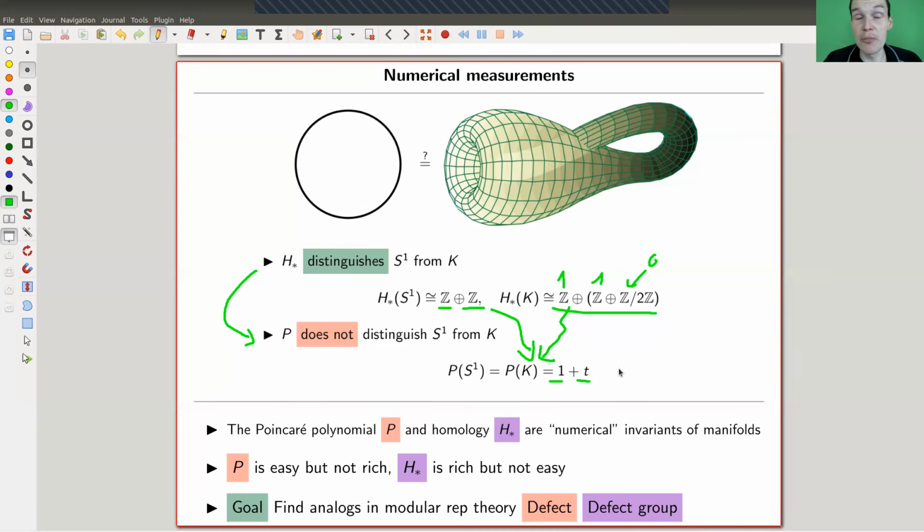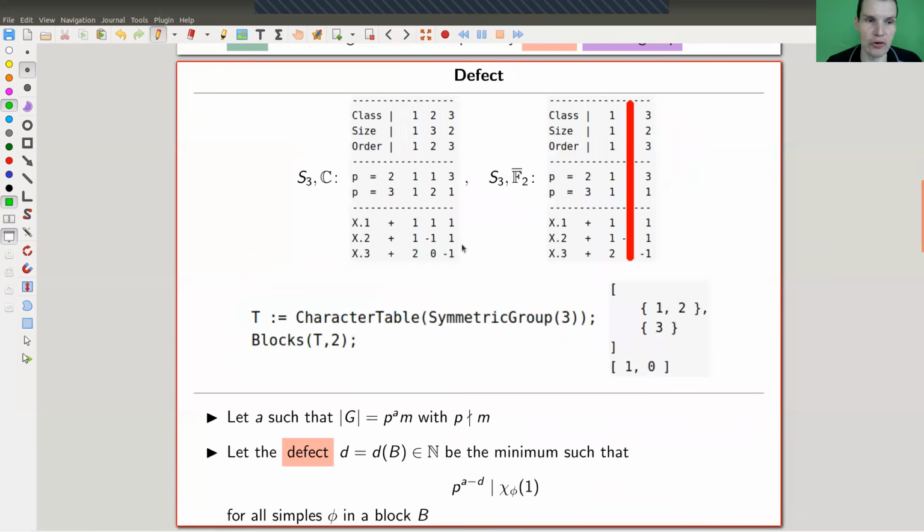On the other hand, the polynomial or the Betti numbers are much easier, and the homology falls a little bit out of the blue. The same will happen here for defect and defect group. So that's my analogy: some numerical measurement of complexity and some more sophisticated measurement of complexity, comparable to Betti numbers and homology for manifolds, just in the setup of blocks.